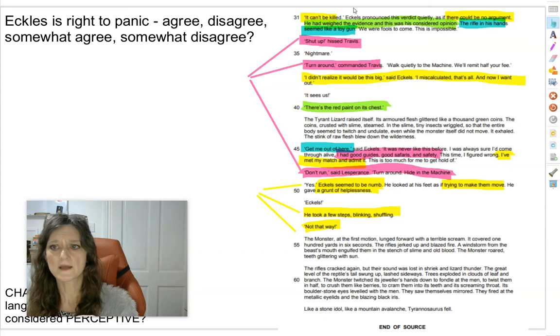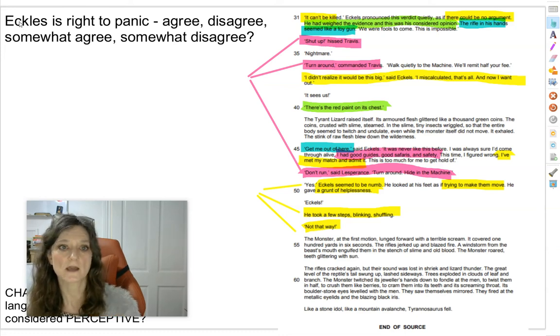However, when Eccles starts to say it can't be killed, he doesn't get a rational response. Look at the way the members of the team, the guides, talk to him. "Shut up," hissed Travis. "Turn around," commanded Travis. And down here, "Don't run," said Lesperance. So maybe he is right to panic. These guys don't seem to be in control.